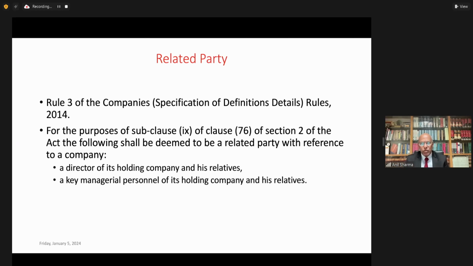See, this definition is also important from the point of view that most of the time, let me give you a very practical situation. In fact, I was reviewing a particular balance sheet of one of my junior colleagues, and he wanted to get his audit report vetted by me. So I asked, when did you determine who are the related parties?